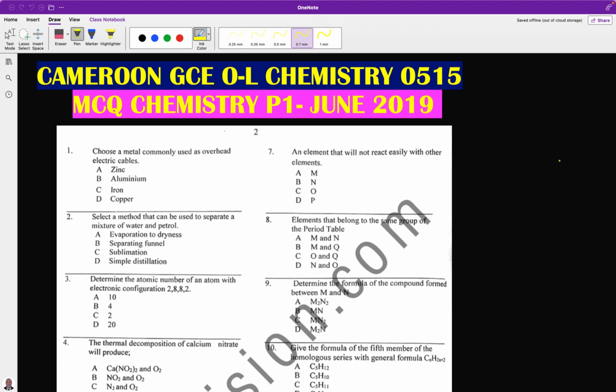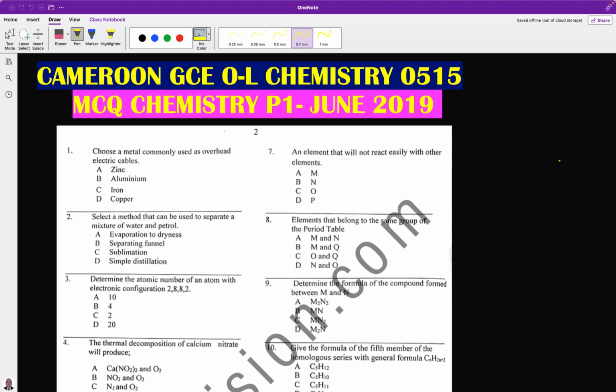A. Evaporation to dryness. B. Separating funnel. C. Sublimation. D. Simple distillation.